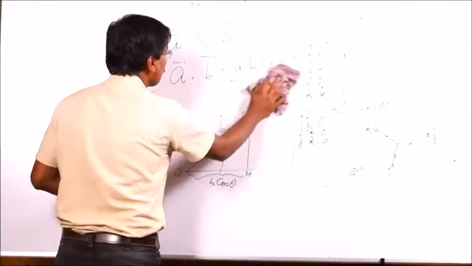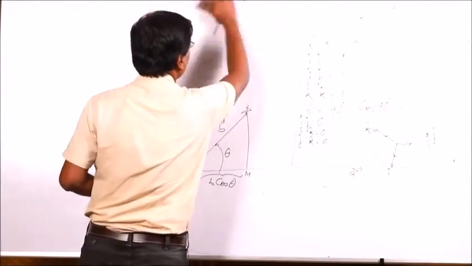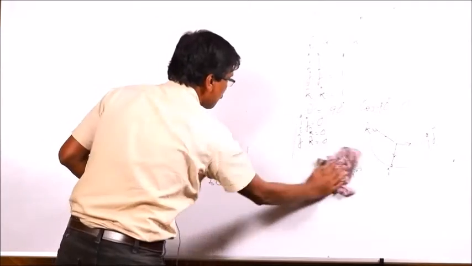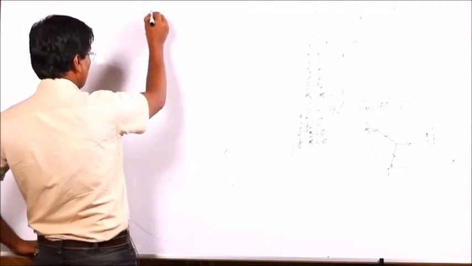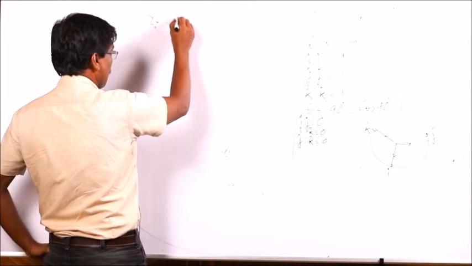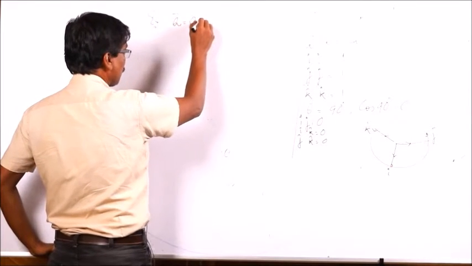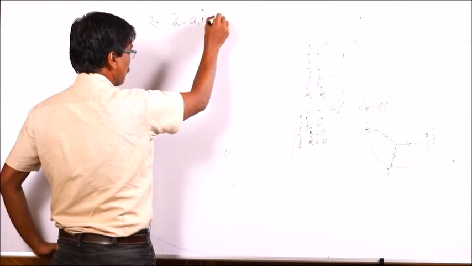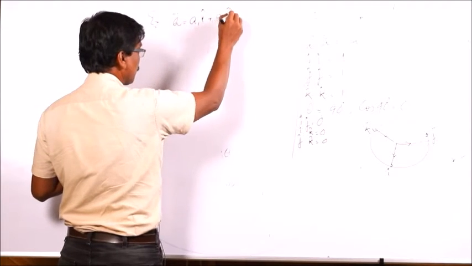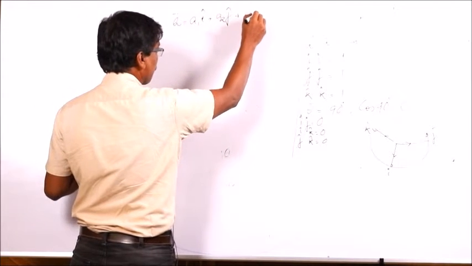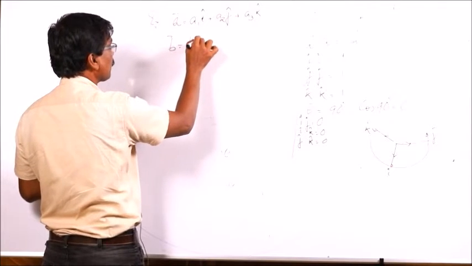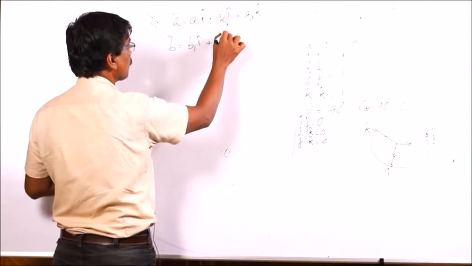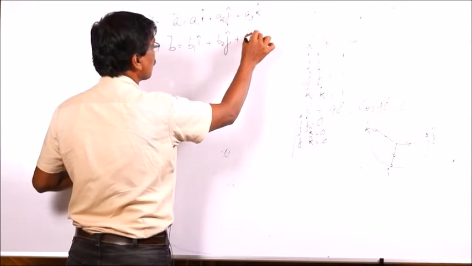If we define it component wise, suppose A vector has components a1 i cap plus a2 j cap plus a3 k cap, and B vector is b1 i cap plus b2 j cap plus b3 k cap.